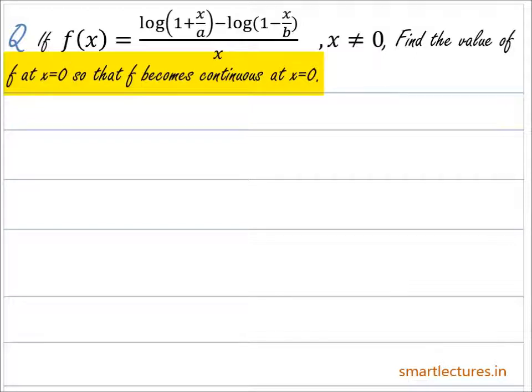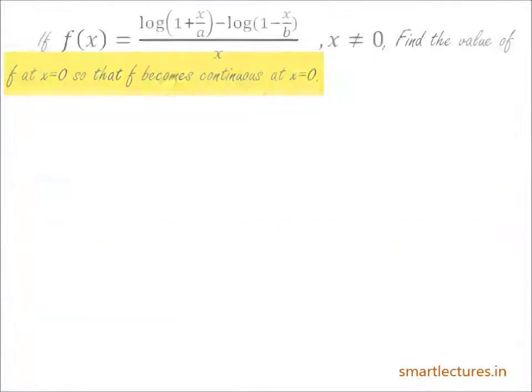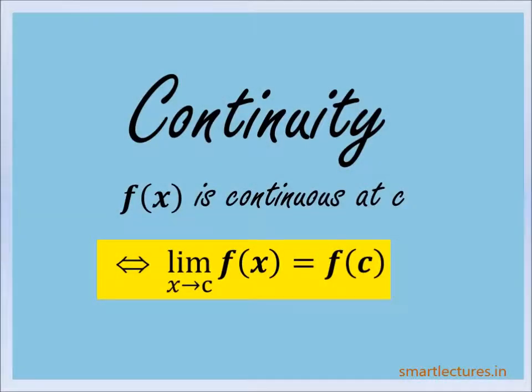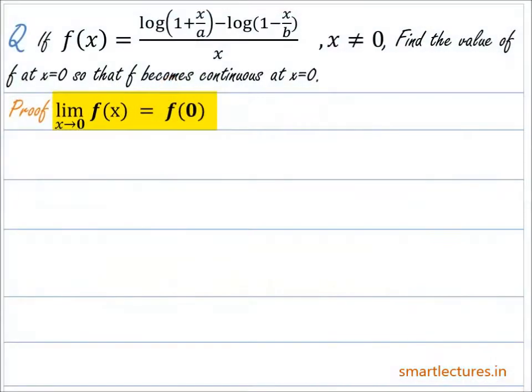Now any function is continuous at a point if and only if the limit of the function at that point is equal to the value of the function at that point. So this function will be continuous at x equal to 0 if and only if limit x approaches 0 of f of x is equal to f of 0.